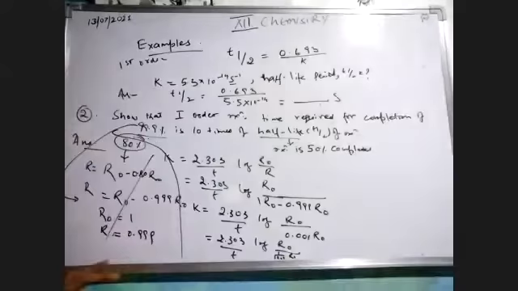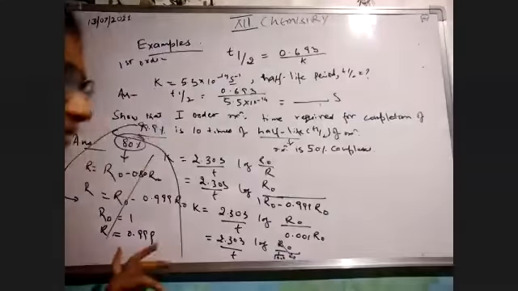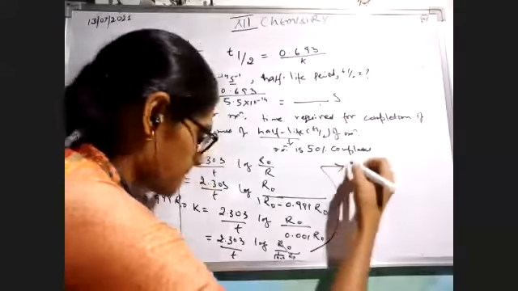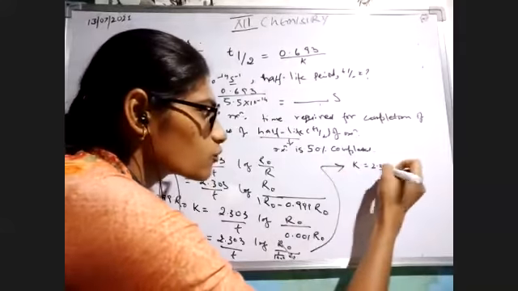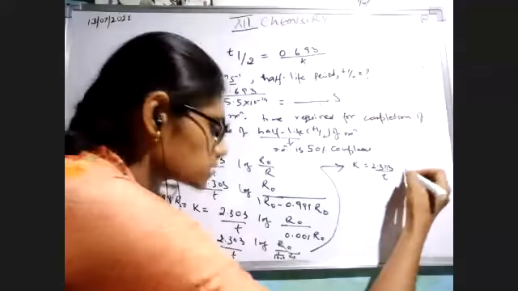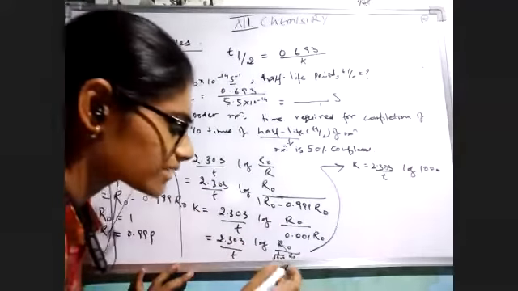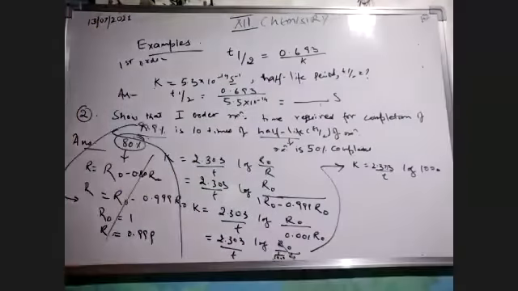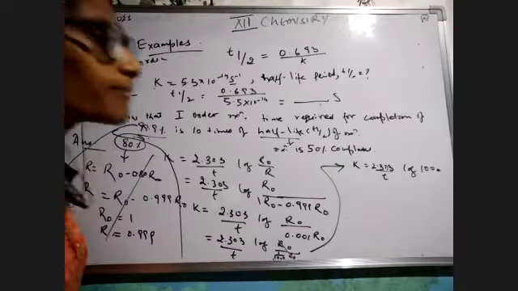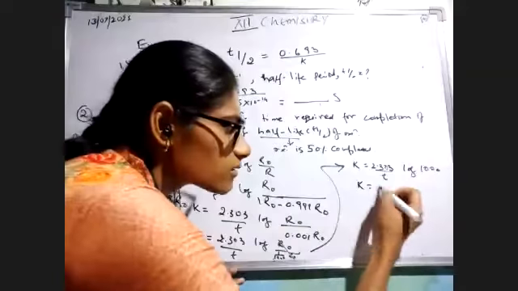Yes. We can cancel out the R naught, or we can write K is equal to 2.303 upon t log 1000. This 1000 is at the lower side, this would be at the upside according to mathematical equation. So that's it. Now have another look.